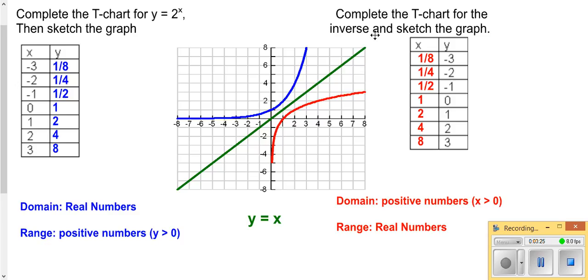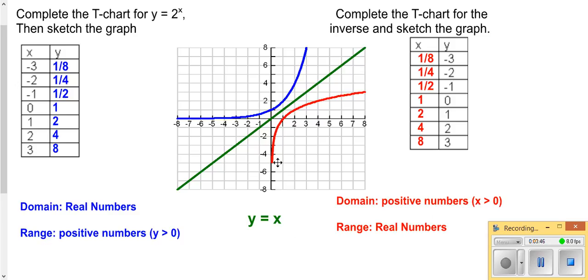Now, looking over here at your inverse, well, gee, we go down, we get negatives, go up, we get positives, we go up and down forever. So our range going up and down forever is all real numbers.